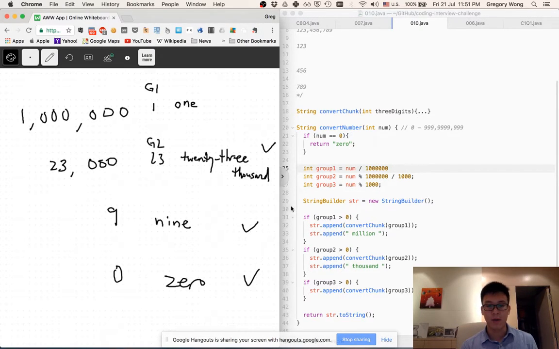It's 1. Now we also append the word million. Group 2 and 3 are 0, so nothing happens. So we get the result 1 million, which is consistent with our expectations. So I think it seems to work. Okay, alright. Yeah, so let's stop here. I think it's overall solid.